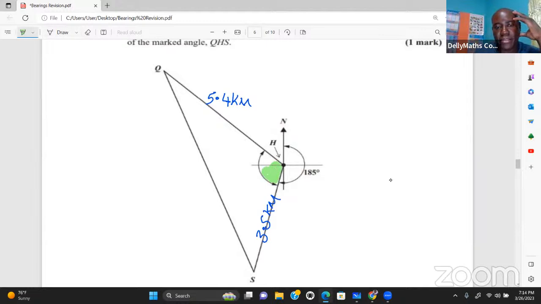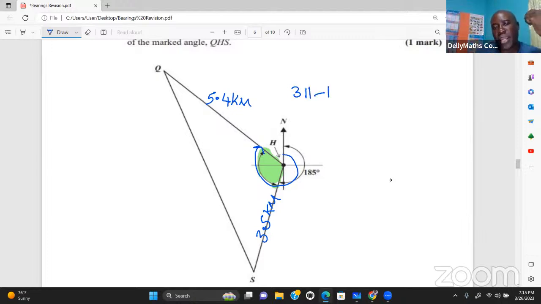Remember though that they left off a very important piece of information: we got the bearing of Q from H, which is all of this, and that was 311 degrees.